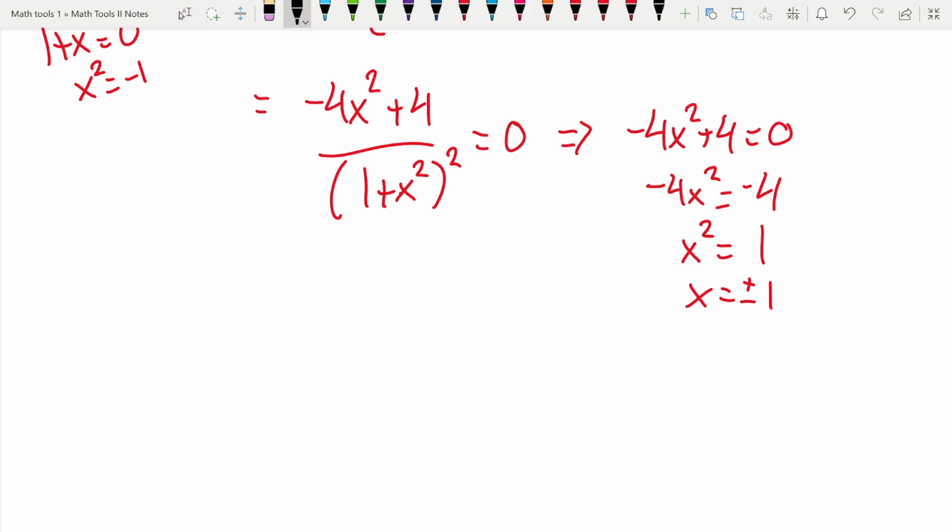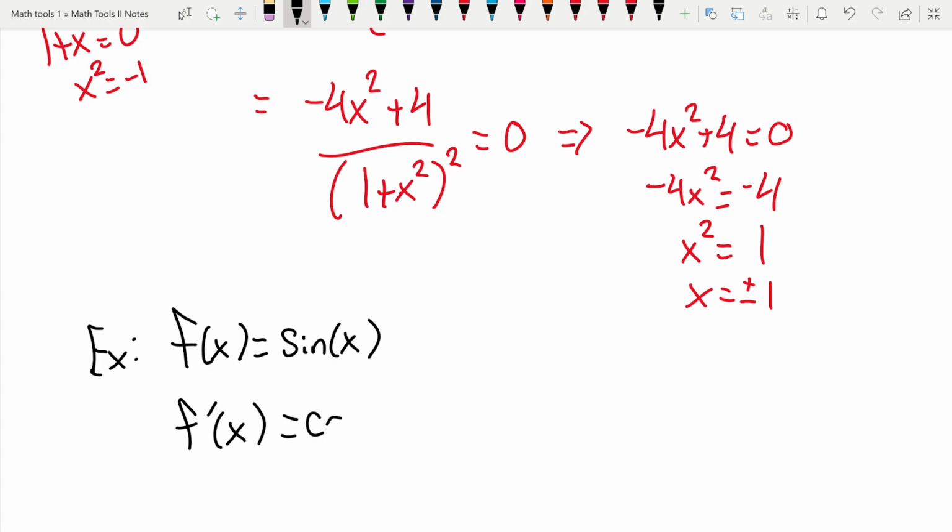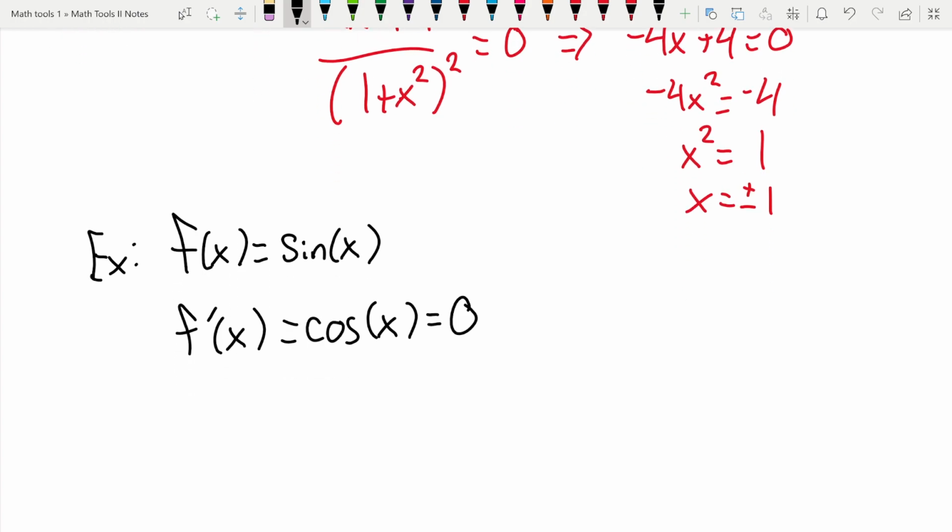Okay, a few more examples with some special functions. If we have sine of x, for example, just to at least put an example with trig in here, even though like I've been saying, we're not going to do a lot of trig. The derivative is cosine, so we're looking for where cosine of x is equal to 0.